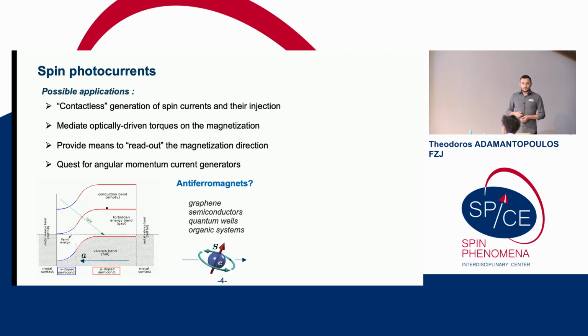Usually, these spin photocurrents are accompanied by some kind of charge photocurrents. One easy example of charge photocurrents is from the well-known photovoltaic effect, where light shining on a p-n junction creates a charge photocurrent which flows along the direction where the inversion symmetry is broken.